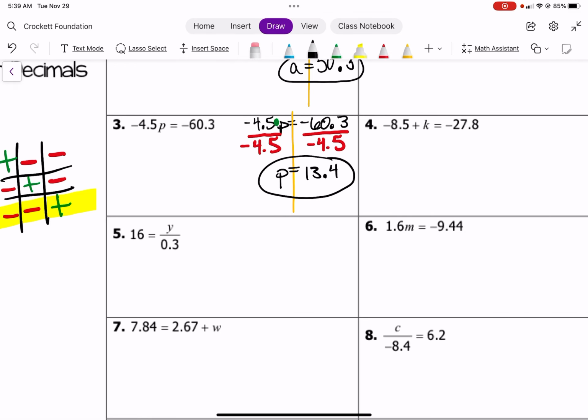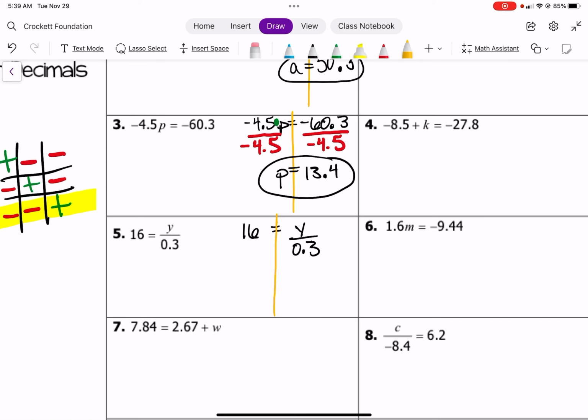Once again, these are all one-step equations. 16 is equal to y divided by 0.3. We're going to draw a line down the middle of our equal sign. Once again, if I read the right side of the equation, it says y divided by 0.3.